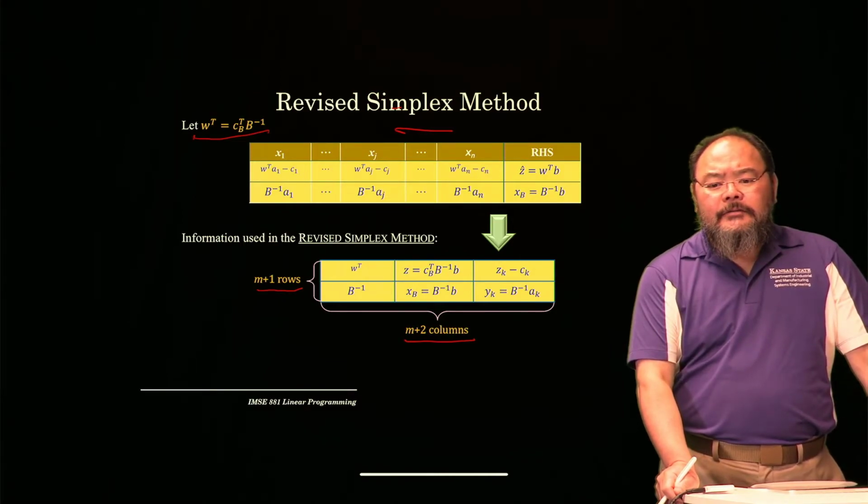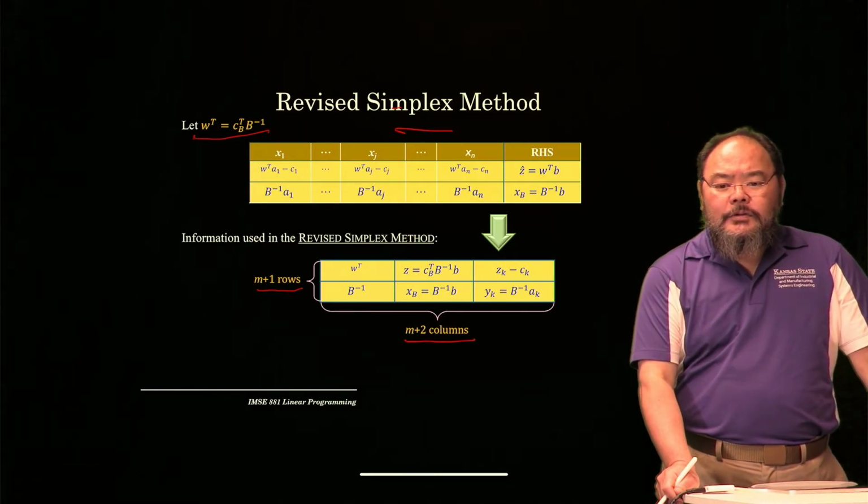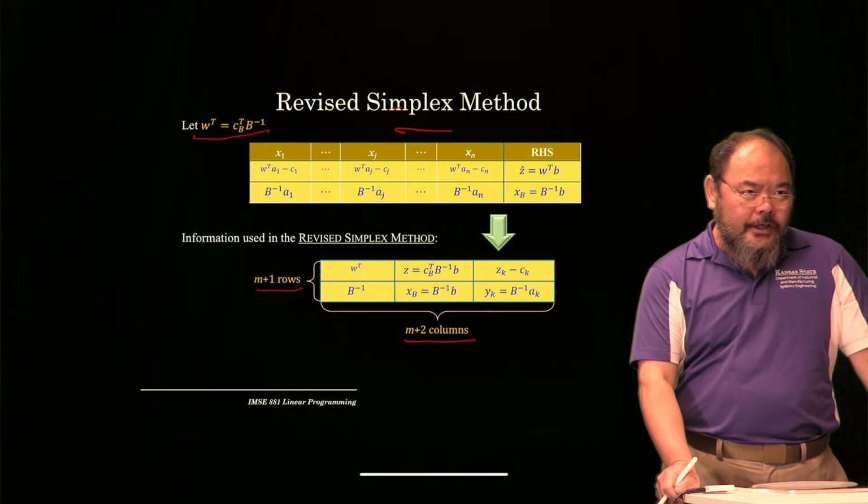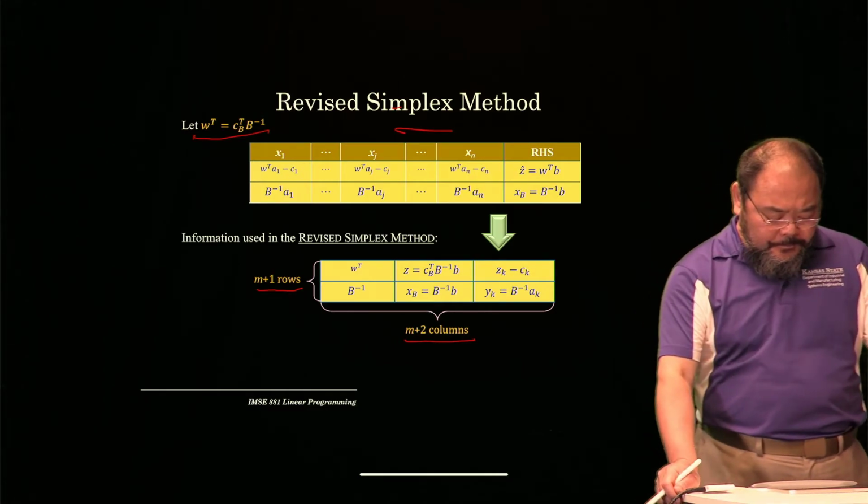Since m is fairly small compared to n, we save a lot of storage space. So we only keep the necessary information and recalculate each iteration.